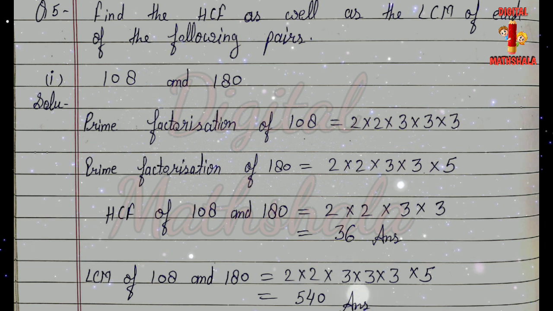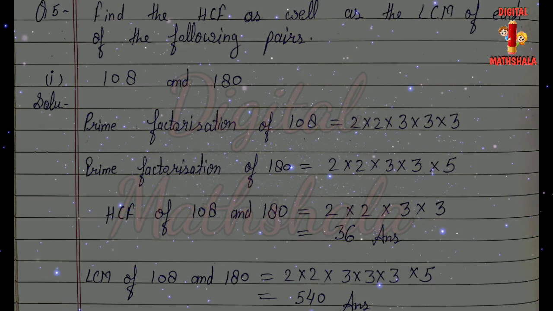And 5 appears once, so we will take 5 one time. So we have the factors 2 multiply 2 multiply 3 multiply 3 multiply 3 multiply 5. When we multiply this we get 540. So the LCM of these two numbers is 540 and the HCF is 36.